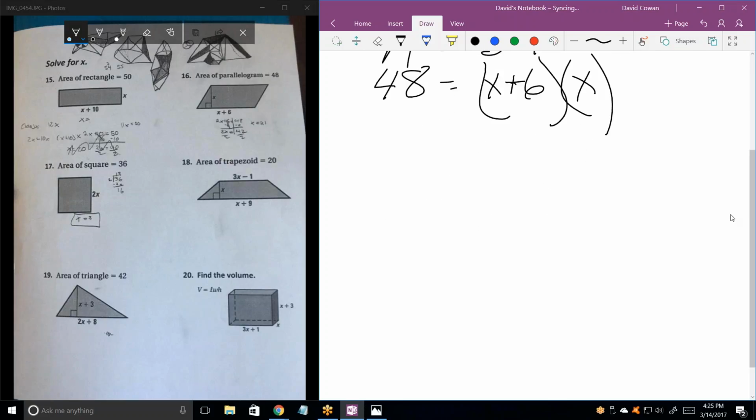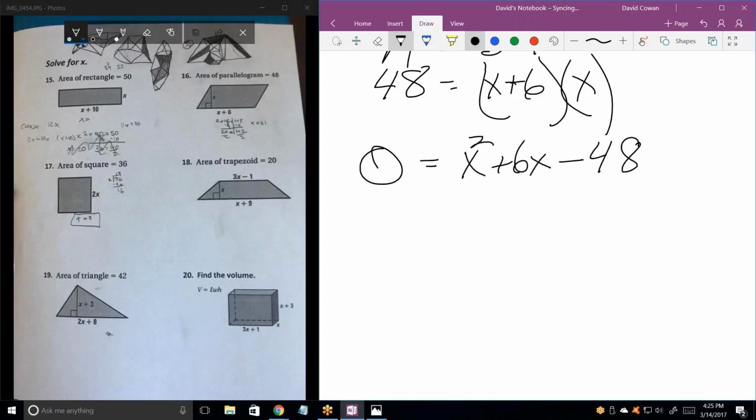Now, let's see if this one is going to solve nicely. Maybe it's not. In other words, this is the quadratic we get. See how I got that?